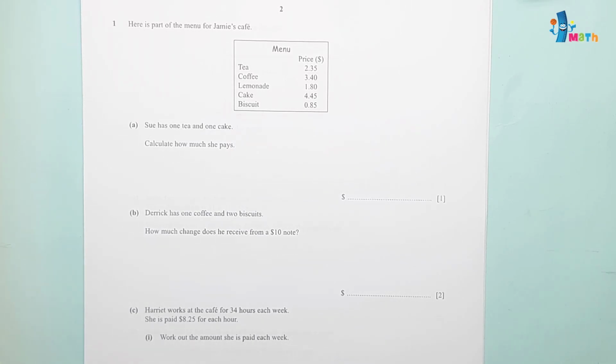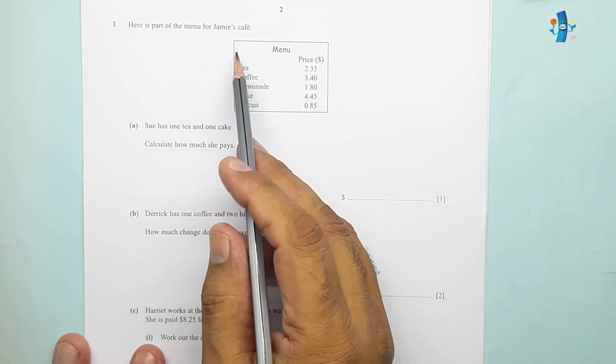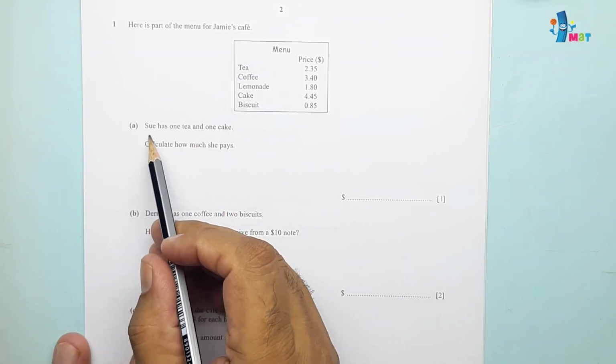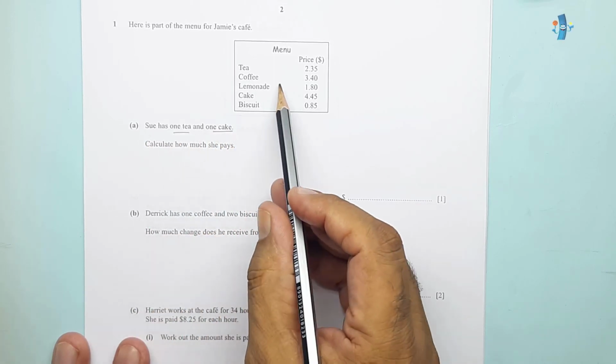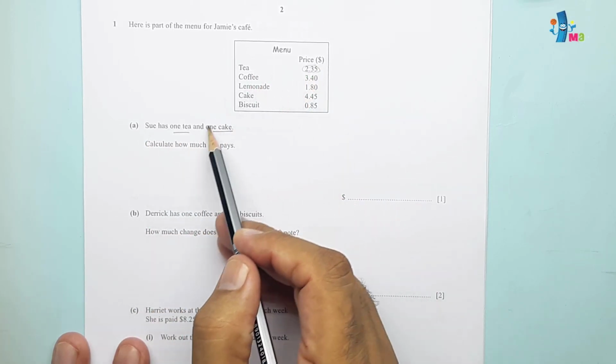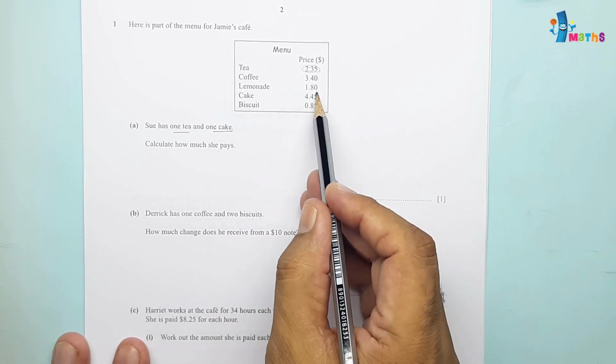Question number 1. Here is part of a menu for James Cafe. Sue has 1 tea and 1 cake. So 1 tea costs this one and 1 cake costs this one.